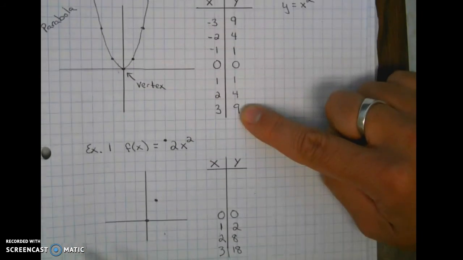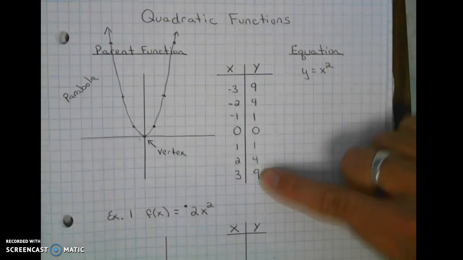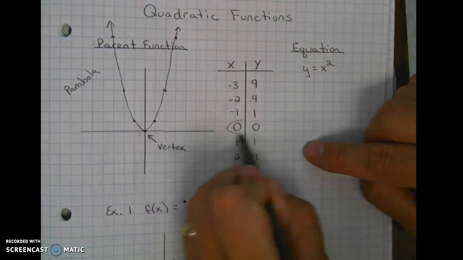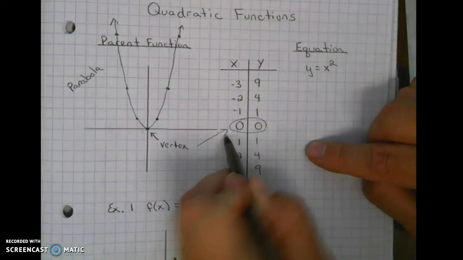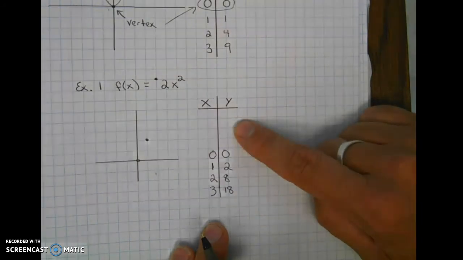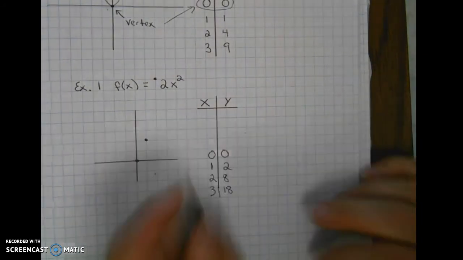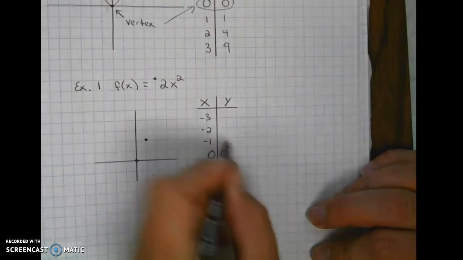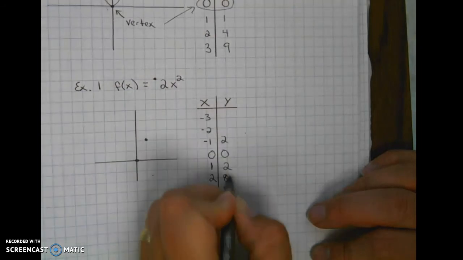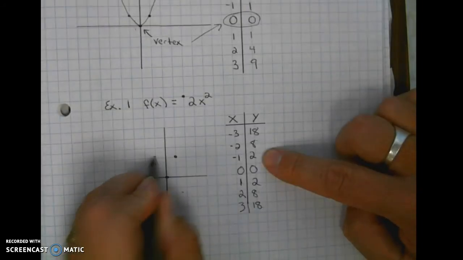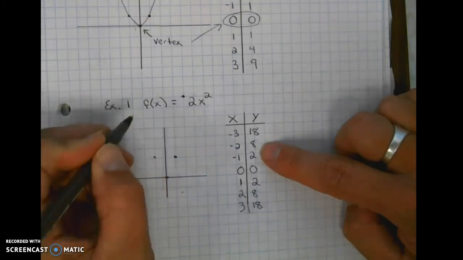So going the other direction. Now, what did we learn about a parabola? It's symmetrical about the vertex. So if we know this side, then the other side should be the same. That's right. So going to the left, these values should match. And plotting those points, -1, 2, and -2, 8.